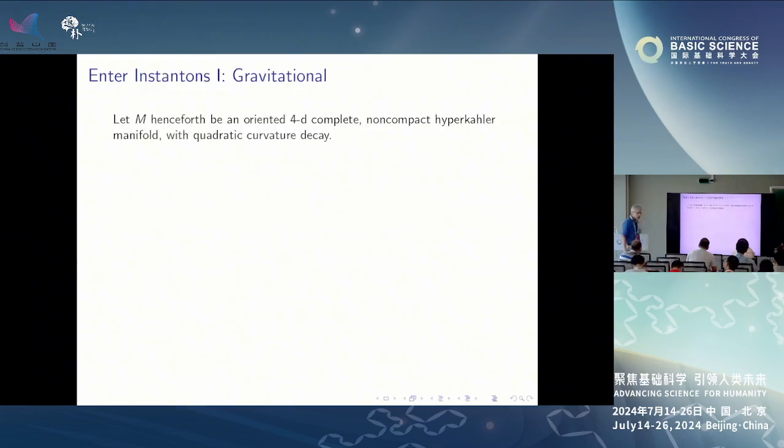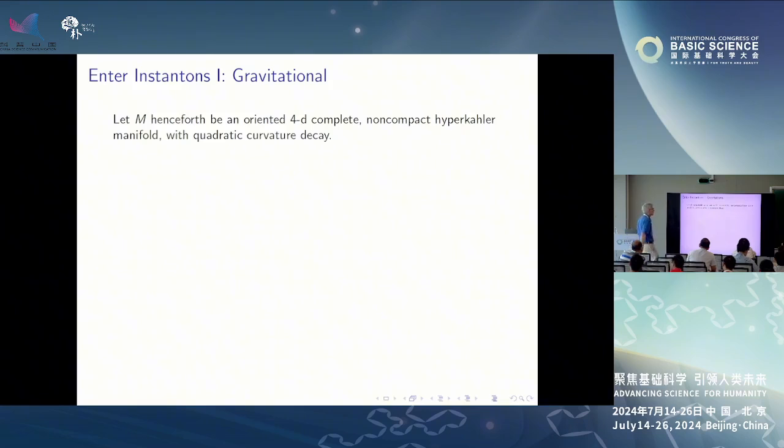Okay, so first we'll need instantons, but before we get to Yang-Mills instantons, let's start with gravitational instantons. So henceforth, I want M to be an oriented, four-dimensional, complete, non-compact, hyperkähler manifold with quadratic curvature decay. Quadratic curvature decay comes up again and again in these situations.